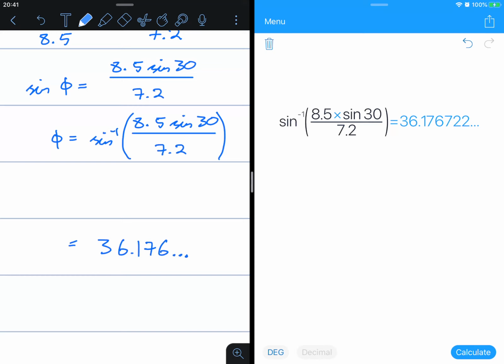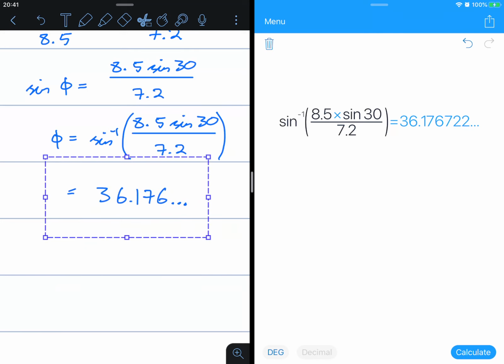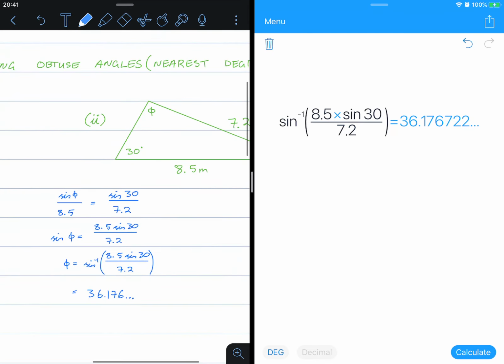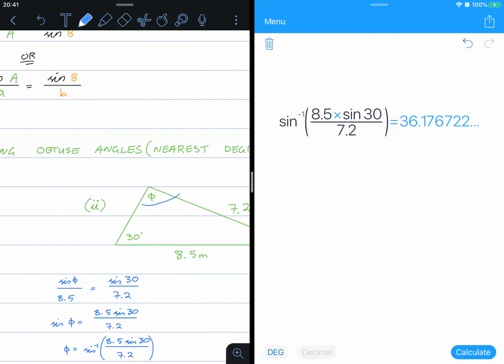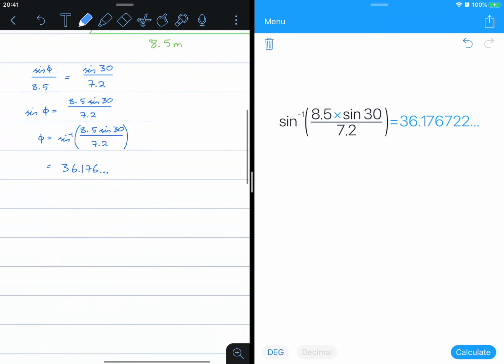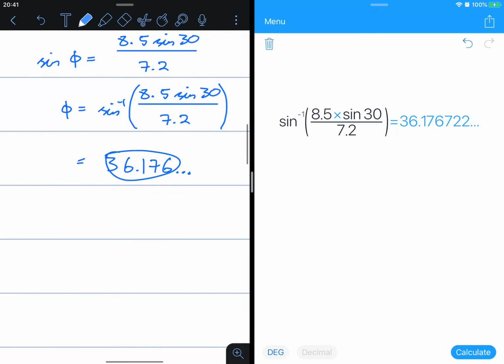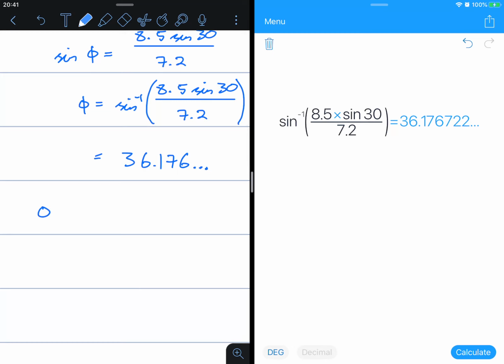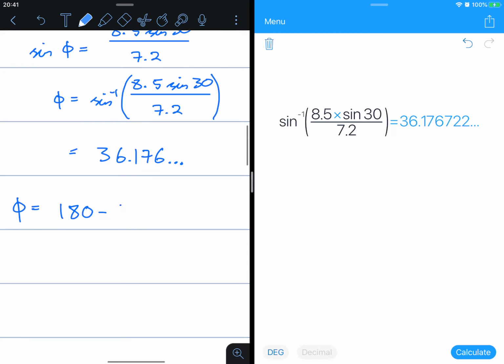36.176. But once again, because it's clearly an obtuse angle, and the question specifies that it is an obtuse angle, this is not obtuse, so to find phi, we do 180 minus 36.17672.